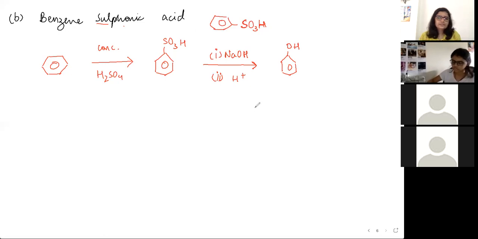Again, just like the previous case, your intermediate is sodium phenoxide. So sodium phenoxide on hydrolysis gives you phenol.